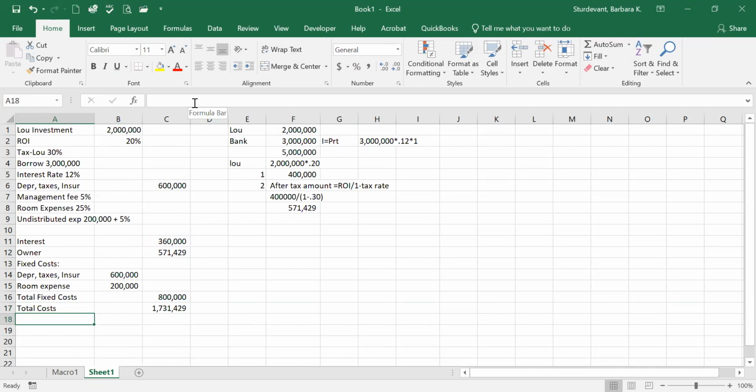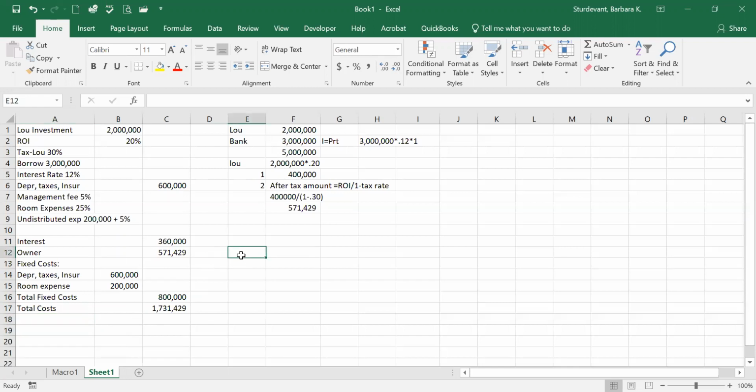So now I get to do algebra. So our sales that we need are going to consist of fixed cost, which is all of these added up, includes the direct fixed cost plus interest plus the owner's investment.